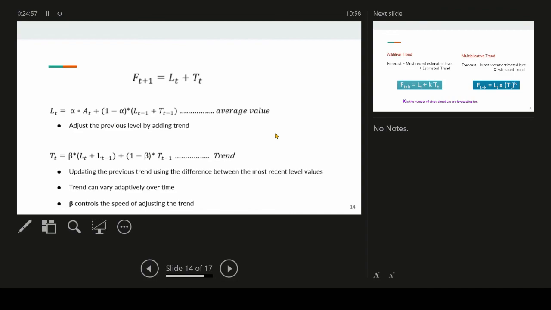When the trend is fast moving, like if it is going more linearly, we need to adjust the value of beta to be higher, so that we can quickly learn the trend. That's why we have to adjust the alpha and beta values according to the data. We update the previous trend using the difference between the most recent levels. Trend can vary adaptively over time, and beta controls the speed of adjusting to the trend.